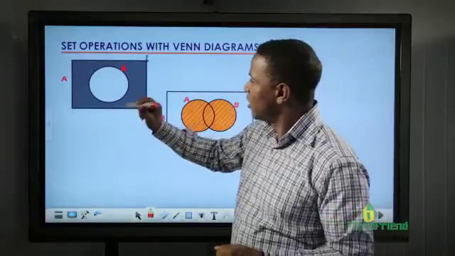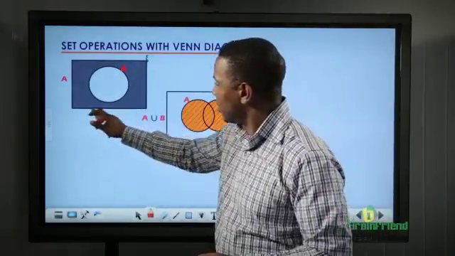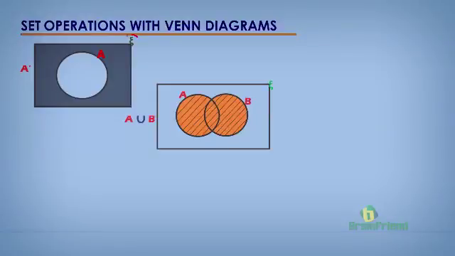We said that the Venn diagram is drawn by drawing a rectangle. The rectangle we see here is the universe. And we said the universe is the set that contains all the elements under consideration. So this is a Venn diagram of the operation, the complement of A, or what we call A complement.